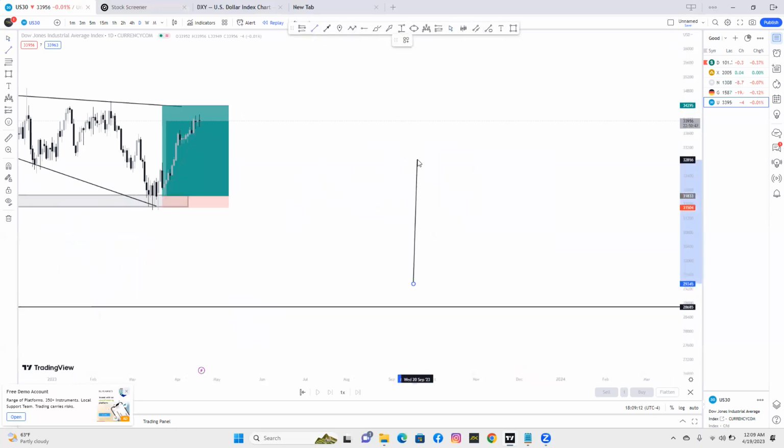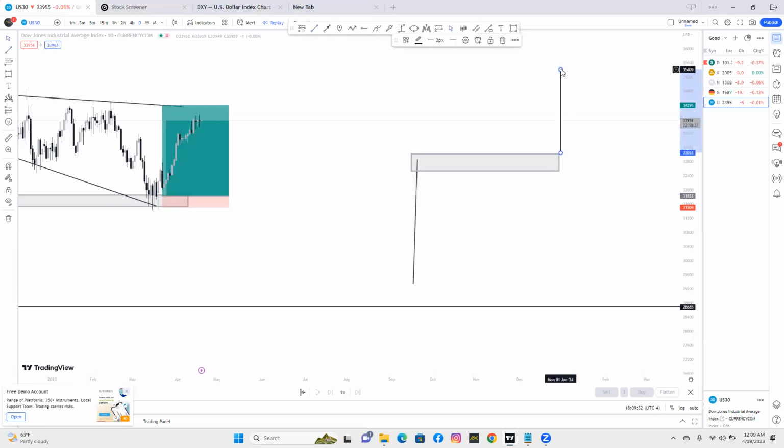You see this trend, the way it is, that's an impulse. And this is the definition of a correction in a simple way. Do you understand it? Okay, I get it.